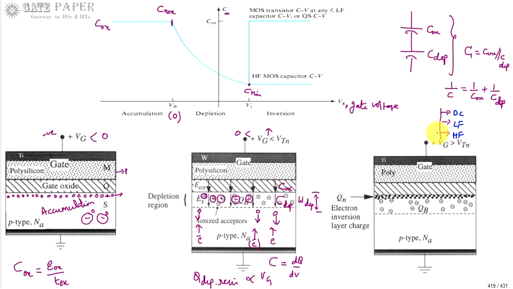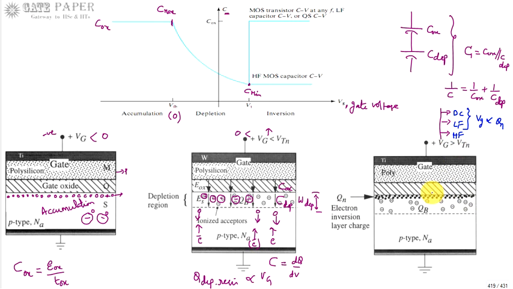If the gate voltage is low frequency, it allows sufficient time for the inversion layer charge to react to the applied gate voltage. So for these two cases, gate voltage is proportional to the charge in the inversion layer. That is what Qn indicates. Qn is the electron inversion layer charge. So Vg is proportional to Qn.